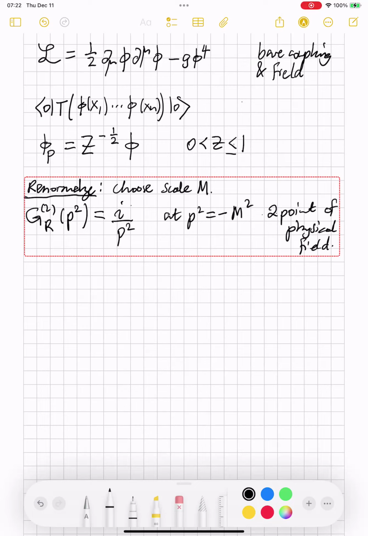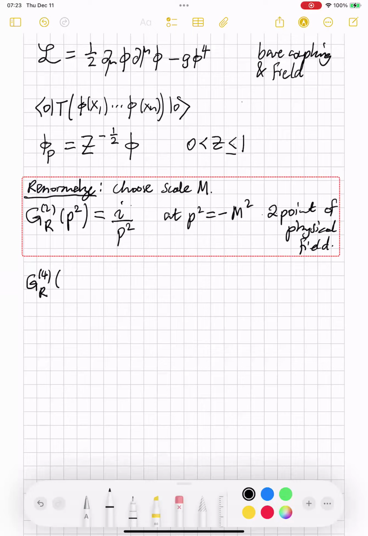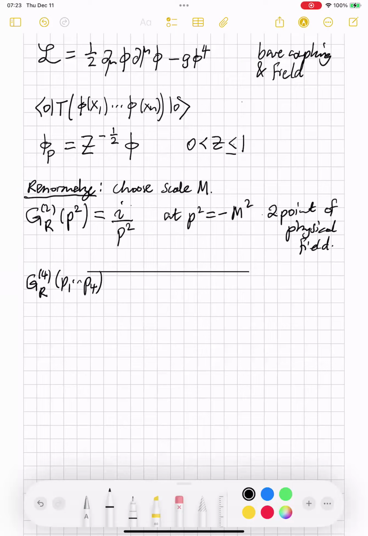We would also then put a condition on the 4-point function. So what condition would we put on the 4-point function? Well, I'll again write it in momentum space. So we would say the 4-point function, let's again put an R here, of P1 up to P4, so it'll depend on 4 momenta. And I only want the connected piece. So that's why I put a subscript connected, and I'll put a prime here to indicate I drop the external legs. So it's amputated.